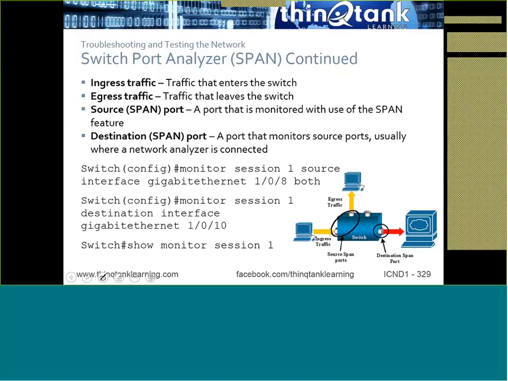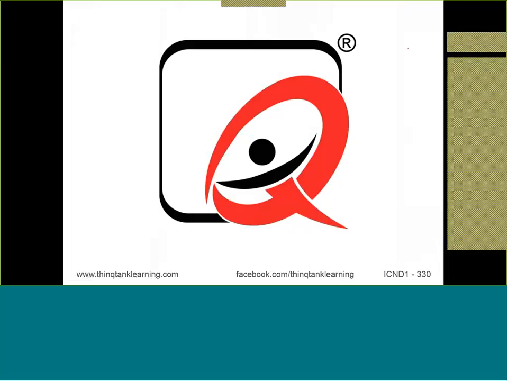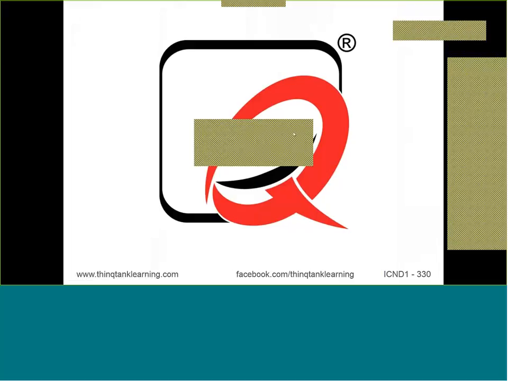There are also configuration options with Cisco where you can monitor ports from one switch interface on one switch and send it to a completely different switch interface across your enterprise. That's called RSPAN, remote SPAN. All right, that is the troubleshooting chapter. Obviously very high level.